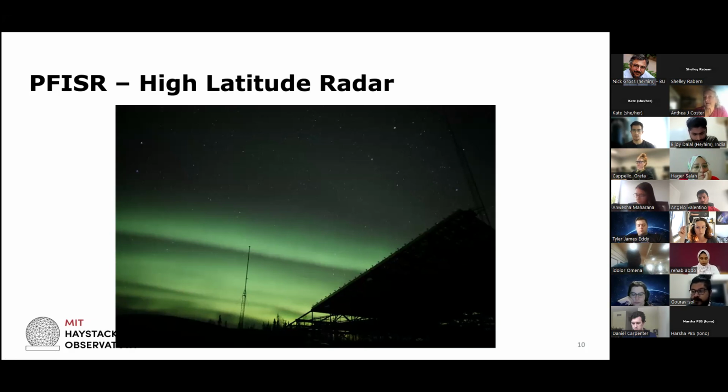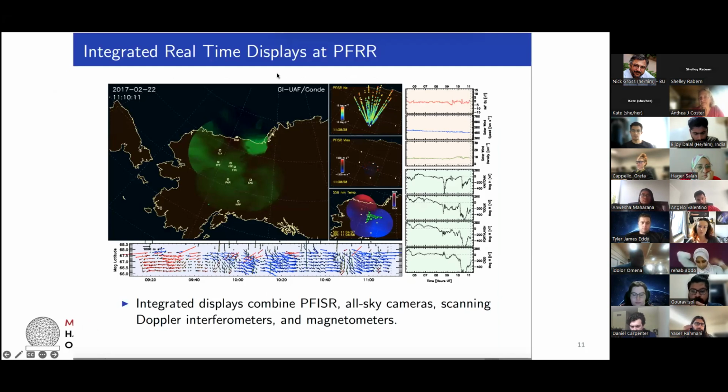So I've actually looked at it, looking at the electron density. I think I've got that here on one of the later plots showing you the increases in electron density when there's aurora. But that's what they use it for.